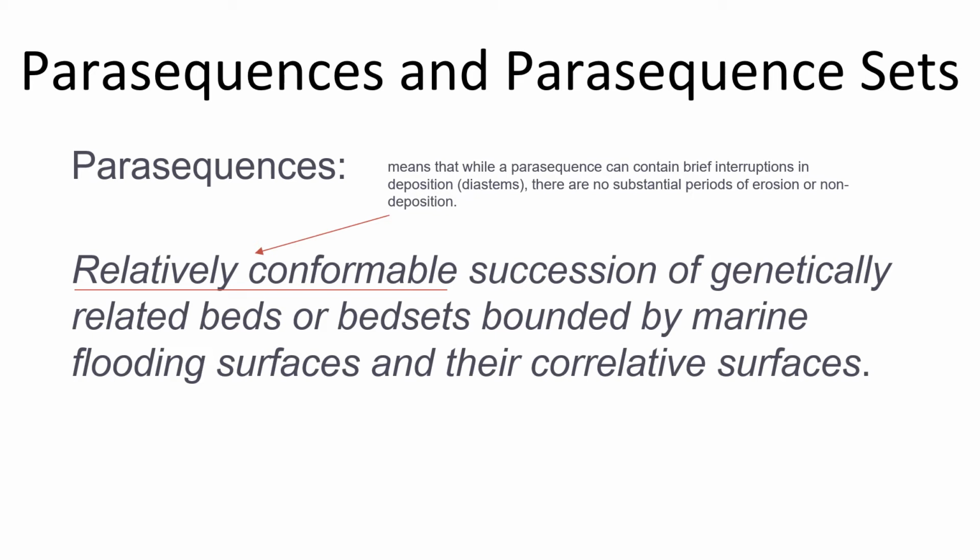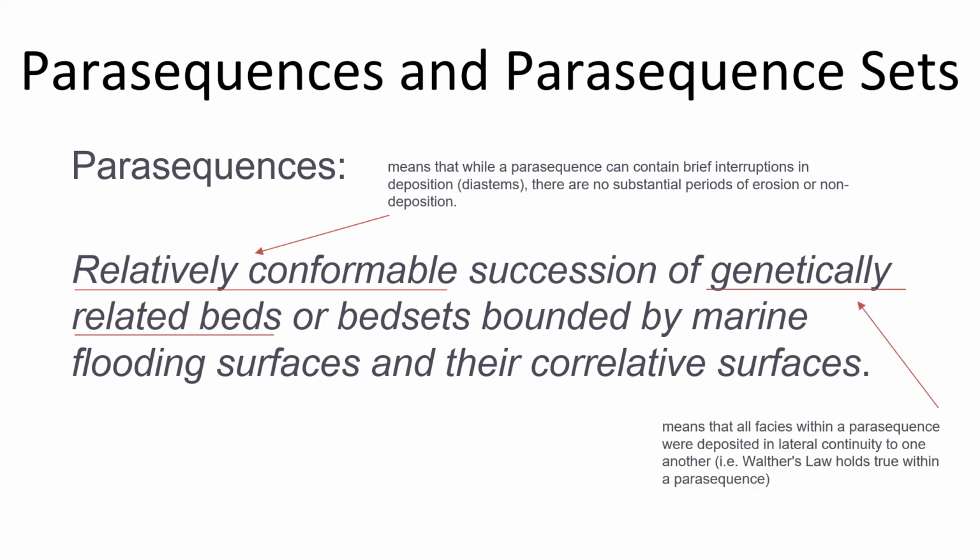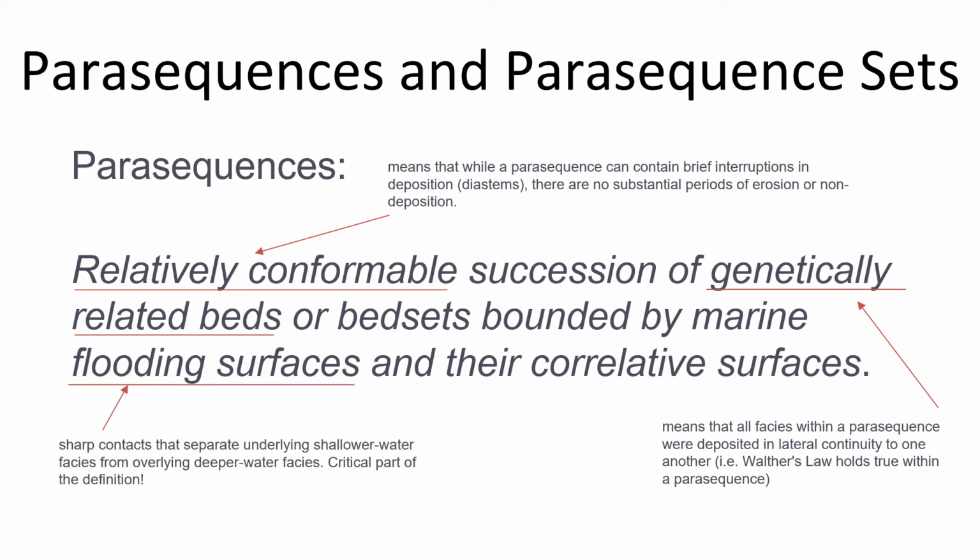Okay, so relatively conformable succession of genetically related beds. Well, genetically, we're talking about sediments. What we mean by that is all of the facies in a parasequence are going to be deposited laterally with one another. So in other words, as bound by Walther's law, related that way. So beds or bed sets bound by marine flooding surfaces.